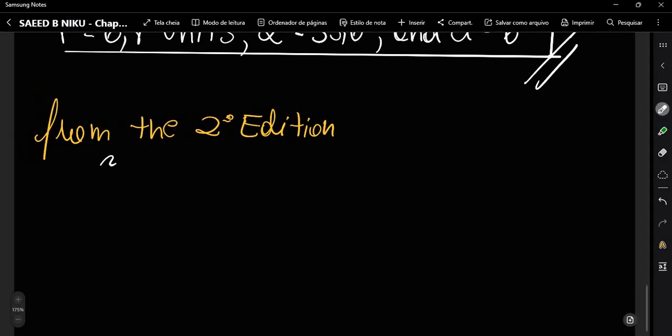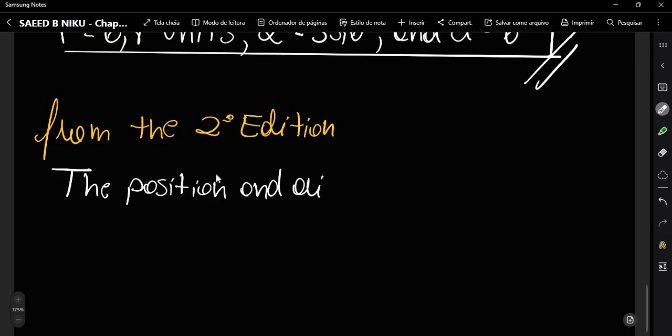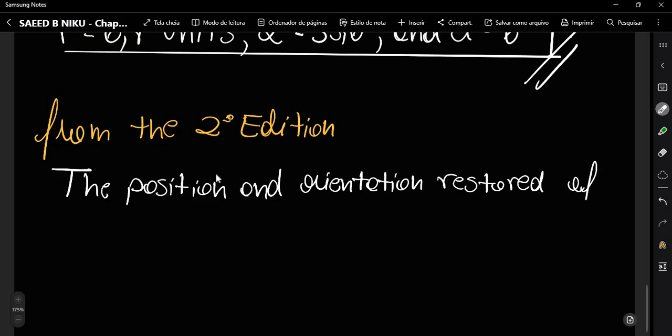So let me write the position and orientation of a cylindrical robot.